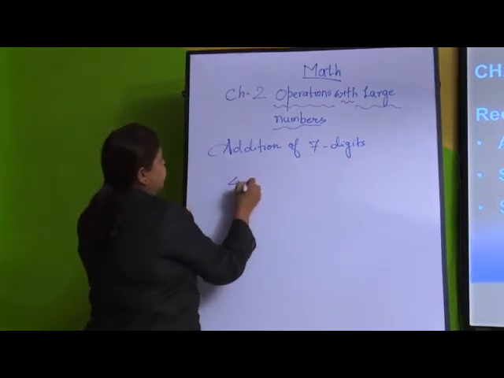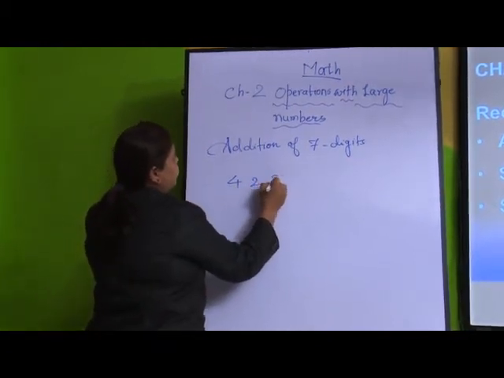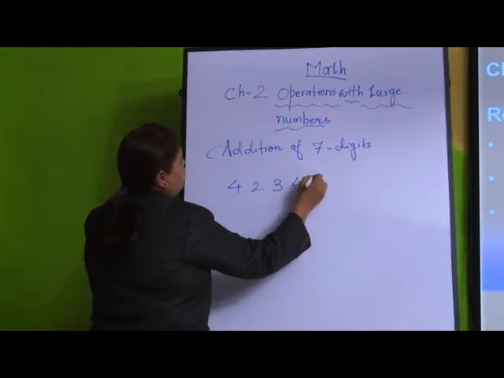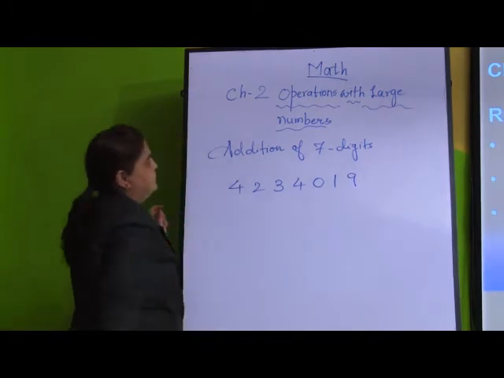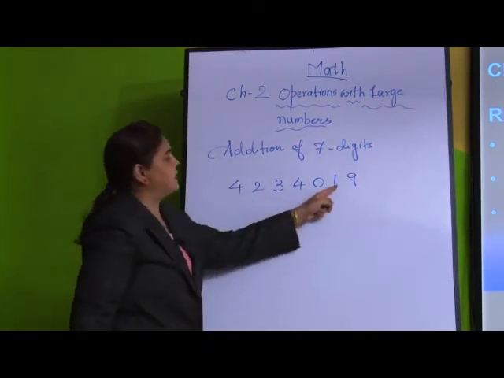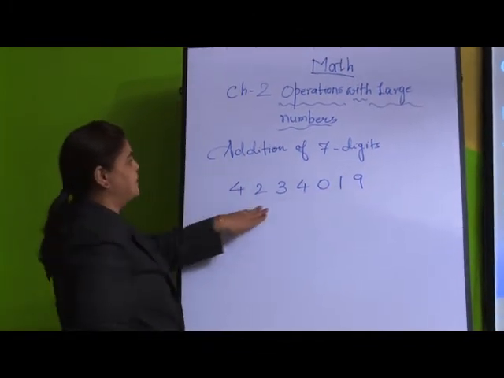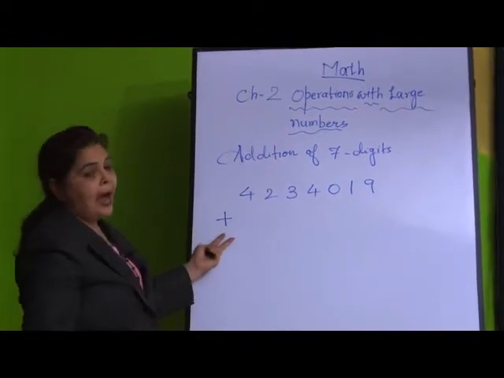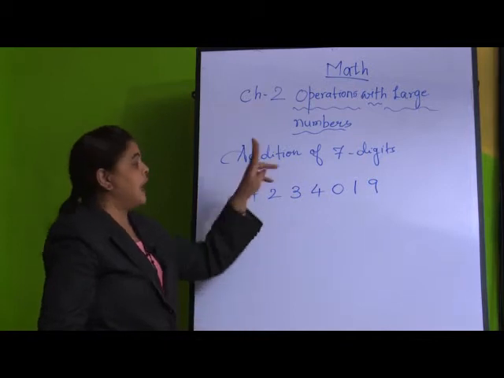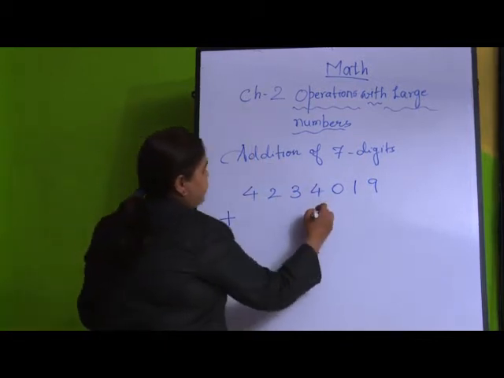Suppose this is a 7 digit number: 1, 2, 3, 4, 5, 6 and 7 digits. These are 7 digit numbers. My operation is addition. So, I will add this 7 digit number with a 4 digit number.